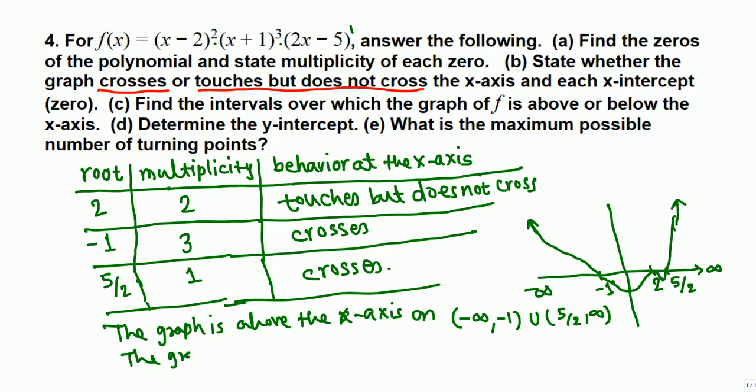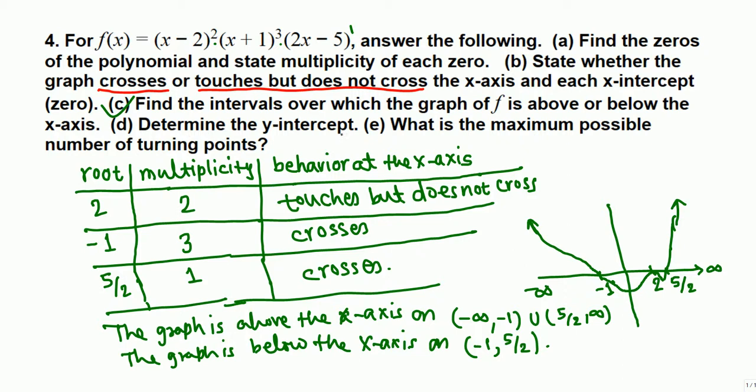The graph is below the x-axis on negative 1 through 5/2. Okay, this C is done.